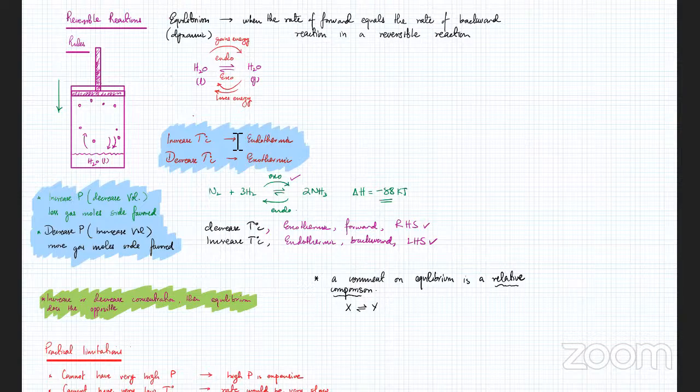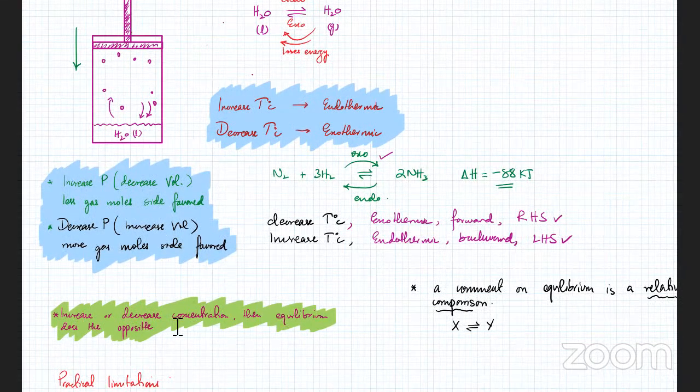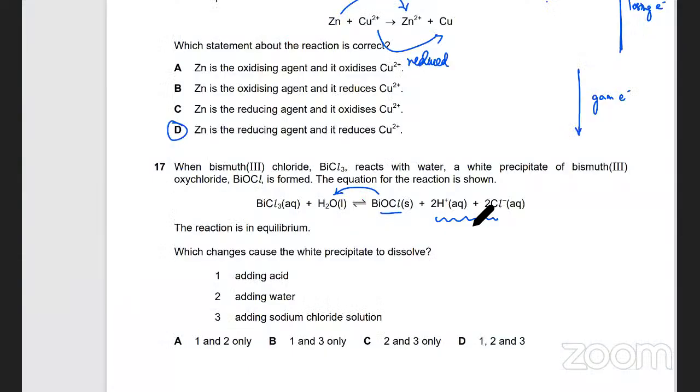If you increase or decrease concentration, then equilibrium does the opposite. ठीक है? तो अगर मैं HCl ज्यादा करूंगा, what would the equilibrium do? It will try to decrease it, right? तो decrease किस तरह करेगा? It's going to send it backwards. तो ठीक है, adding an acid would work.